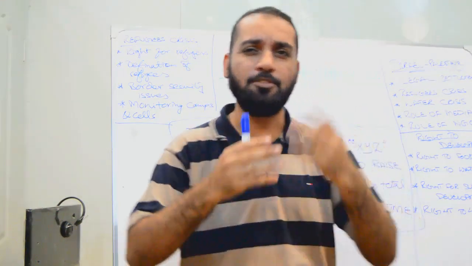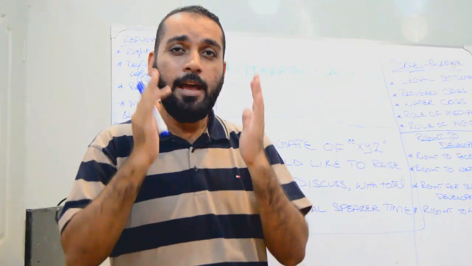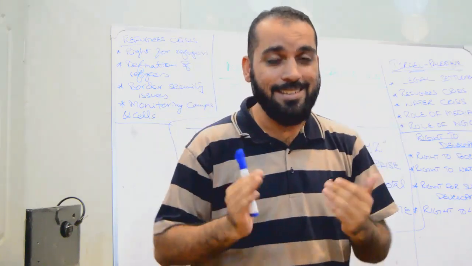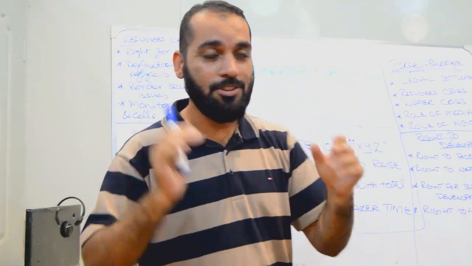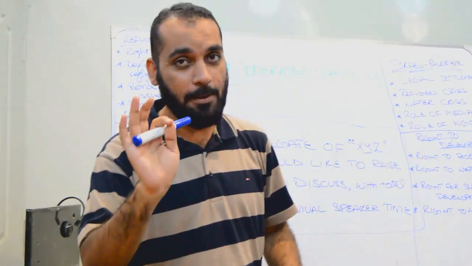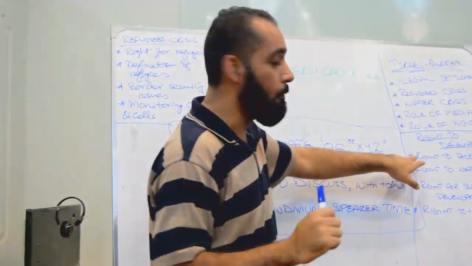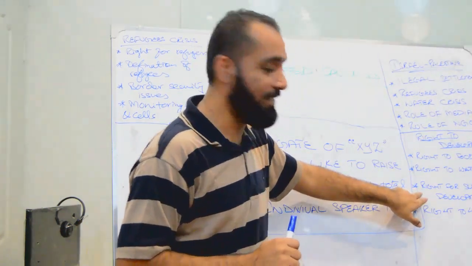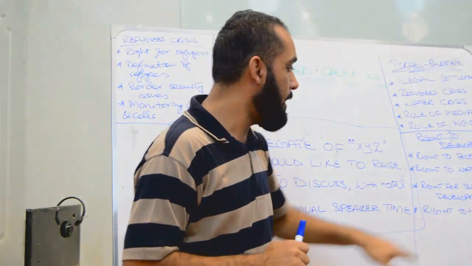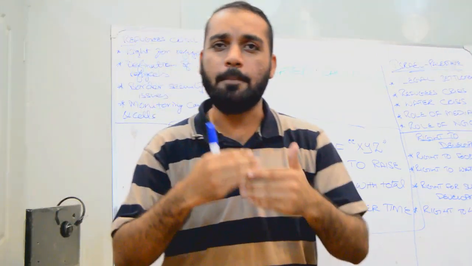Again, just some examples. Then we have another example for you. If the main agenda is right to development, then we have right to food, right to water, right to sustainable development, and right to land. So some 4 examples on that.